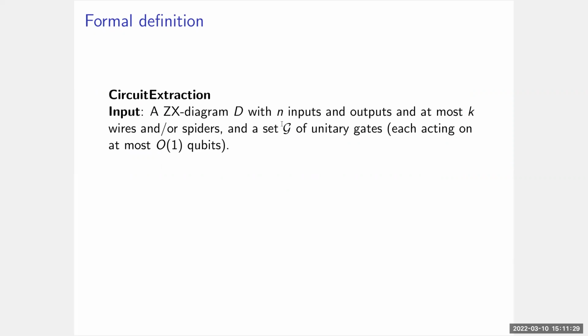So G could, for instance, be the Clifford+T gate set, or any enumerable set of gates. I think it doesn't really matter if it's a finite set of gates or not. And then we have a promise on this diagram. The promise is that the diagram is proportional to a unitary. So we don't require it to be exactly a unitary, but just that up to a non-zero scalar, it is unitary.